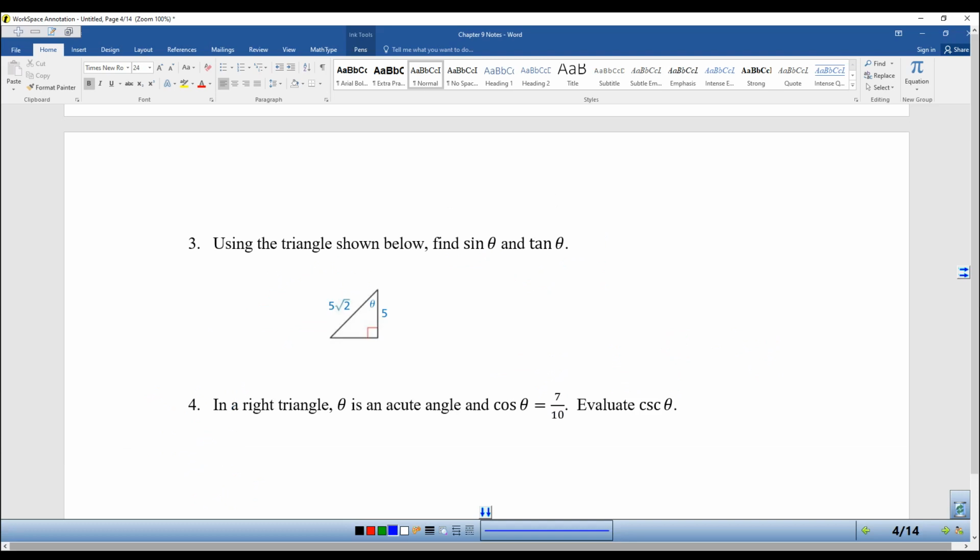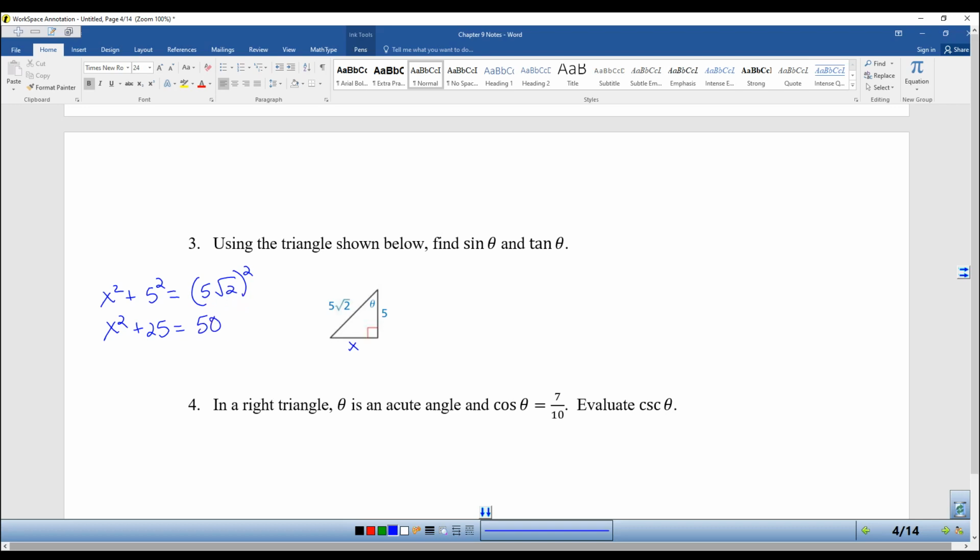Number 3, using the triangle below, find sine of theta and tangent of theta. So I'm not going to teach anything new in these next two problems. You might want to try them on your own. So first off, let's get this third side here. So x squared plus 5 squared is equal to 5 square roots of 2 squared, which gives me x squared plus 25 is equal to, when you square the 5, you get 25, but when you square the square root of 2, it's still just 2.